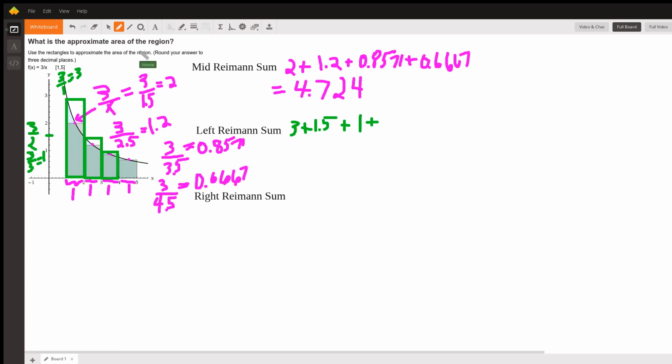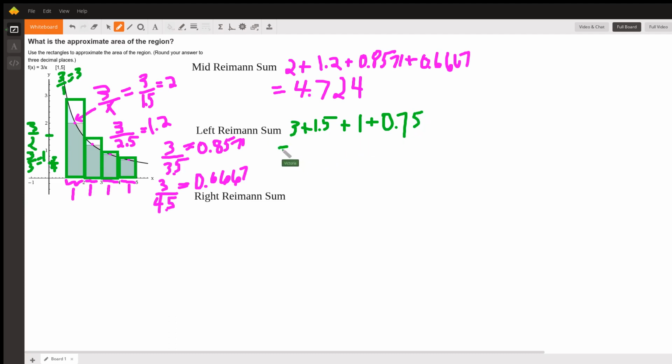And then the last one, we go up the left edge of the rectangle and stop at the function. And at x equals 4, this height is 3 over 4. So that means we're going to add 0.75.